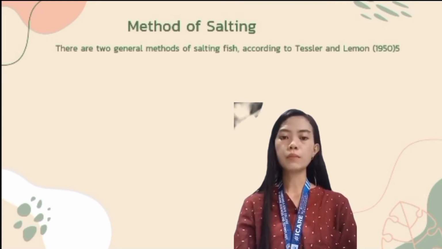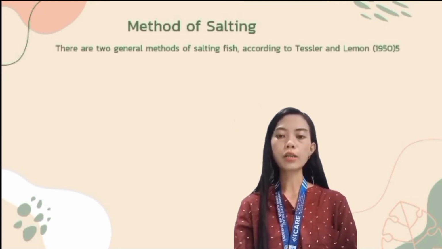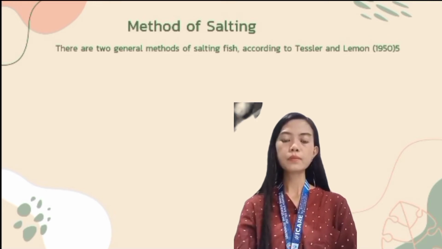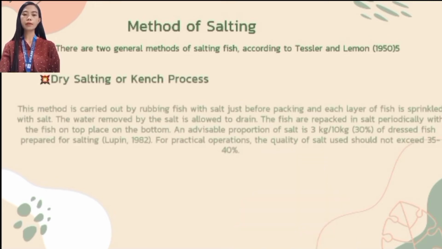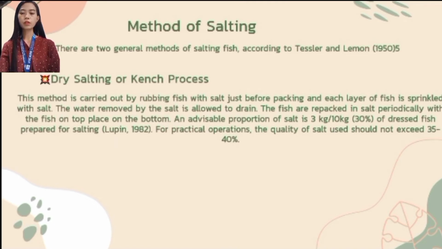There are two general methods of salting fish according to Tressler and Lemon. The first is dry salting. This method is carried out by rubbing the fish with salt just before packing, and each layer of fish is sprinkled with salt. The water removed by the salt is allowed to drain.